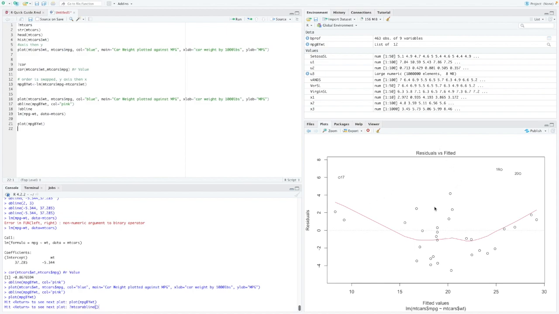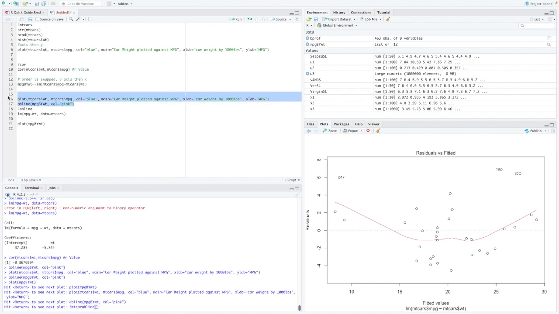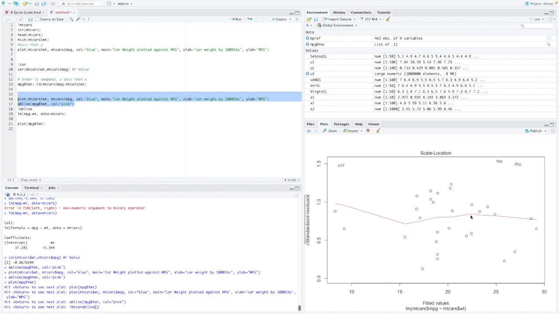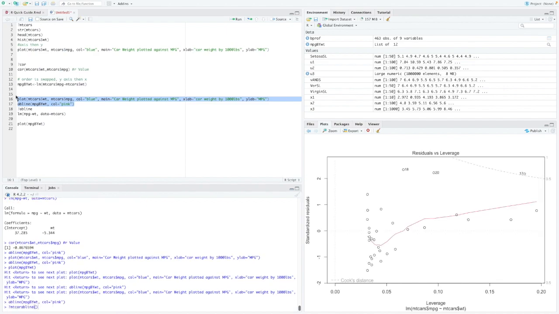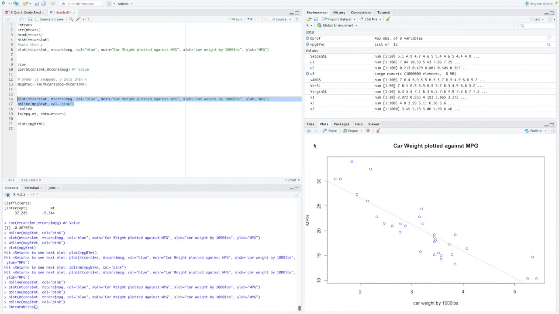So residuals are the distance from a point on a graph to the line. So if I go back to our first plot, we have our distance from the line. Okay. So notice the residuals.